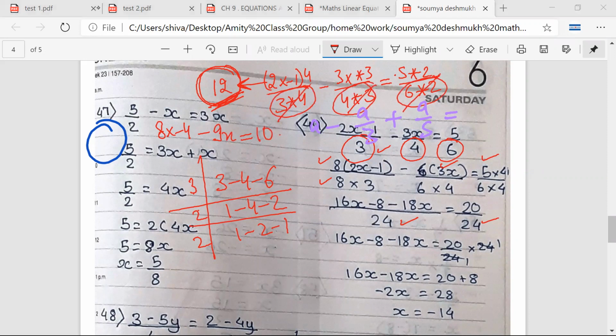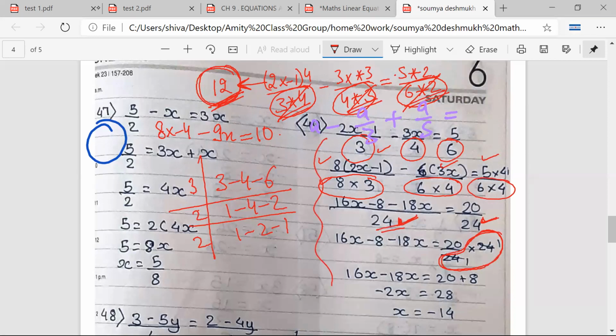So for example, when you have taken 24, let me clear the confusion. Do you see this 24 and this 24 gets cancelled here? Any doubt about this? No, sir. And that is what I'm suggesting, that rather than 24, if you had tried to make the denominator equal to 12, you could have easily done the question.